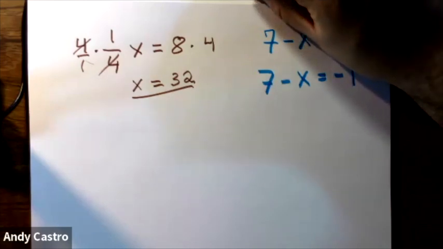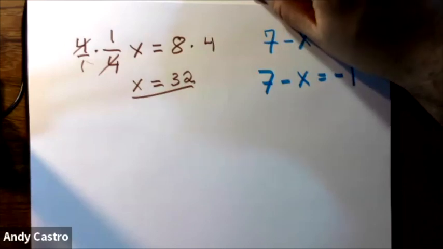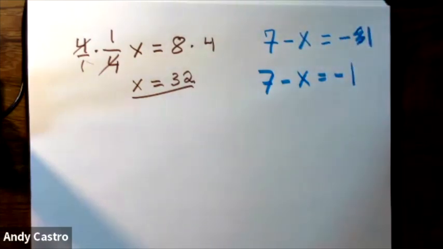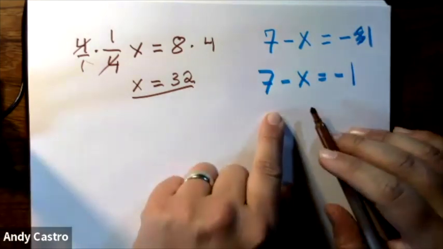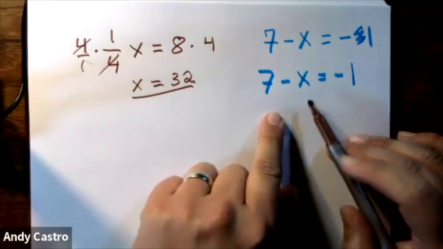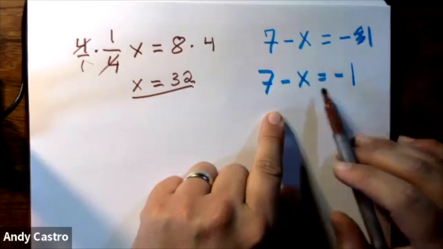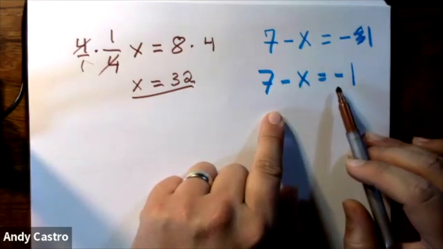Okay. Interesting. Okay, we're getting a mix of answers here. So let's take a look at this. What number would I need to put in here in order to get to -1?